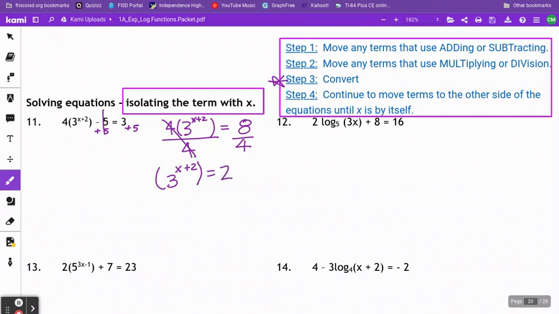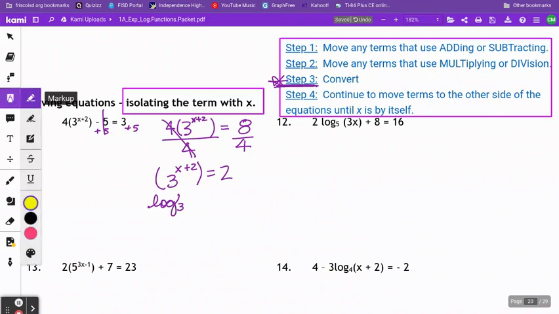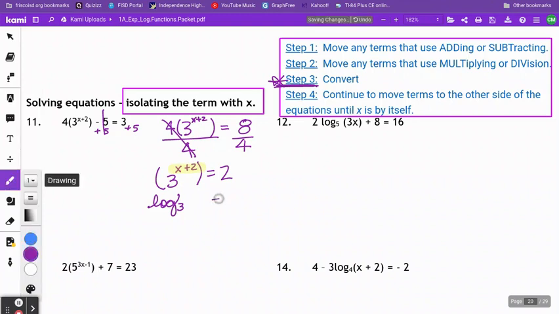All right. I'm down here now at step 3. I need to convert. I need to change this into a logarithm so that I can get x down out of the exponent. So I'm going to write this as a logarithm base 3, that whole exponent, okay? The exponent is going to go on the other side of the equal sign.